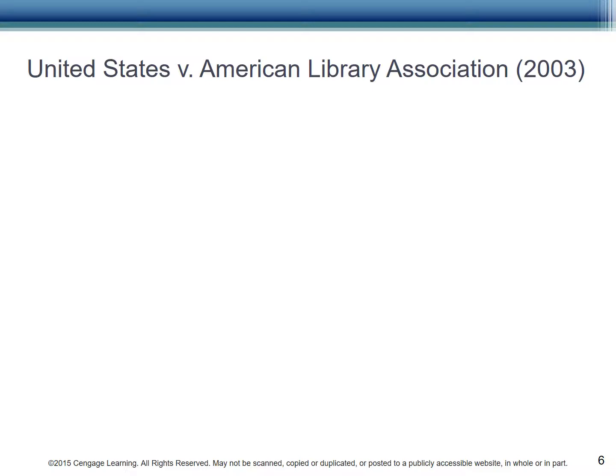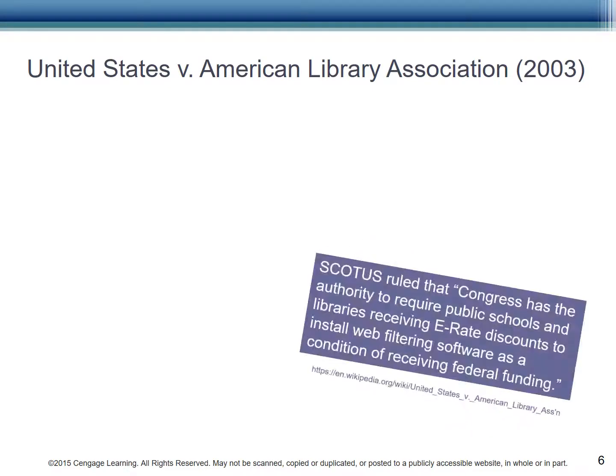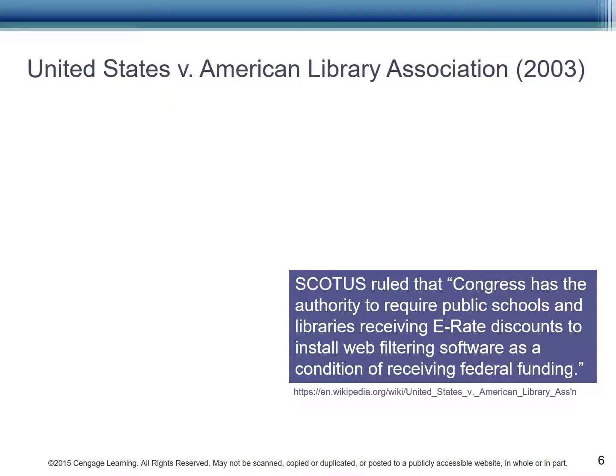United States versus American Library Association in 2003 did look at the Children's Internet Protection Act that allowed libraries and educational institutions to install filters. The Supreme Court ruled that Congress did have the authority to require public schools and libraries who were receiving federal discounts to install filtering software.